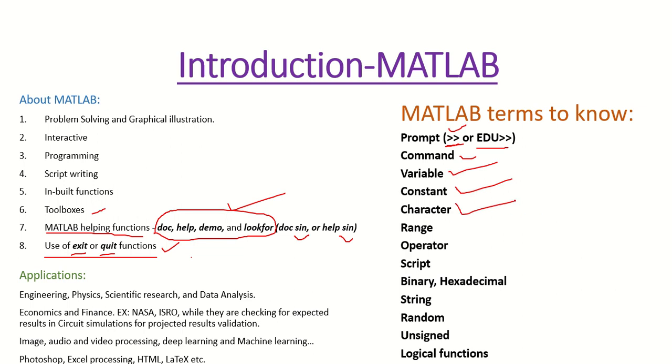And characters: when we are writing a program, we need to write some characters for explanation, or for indication in the scripting. So character types are also there. And range means from what to what. If you are initializing a variable value, what period it should change by.